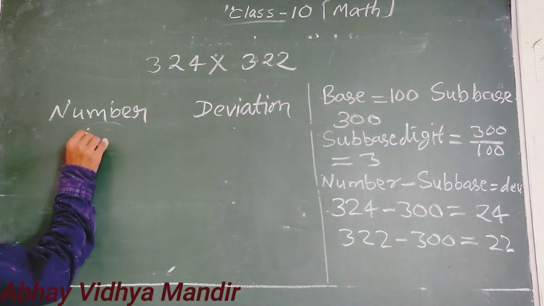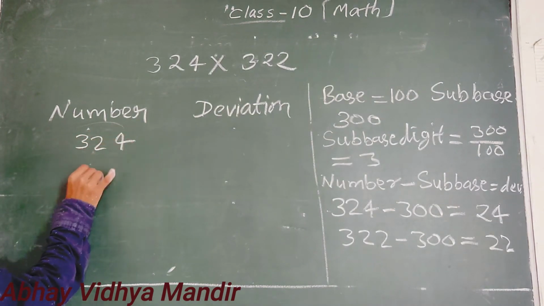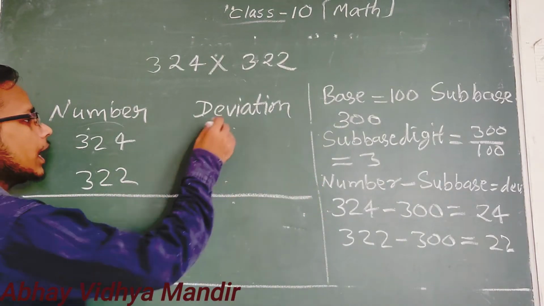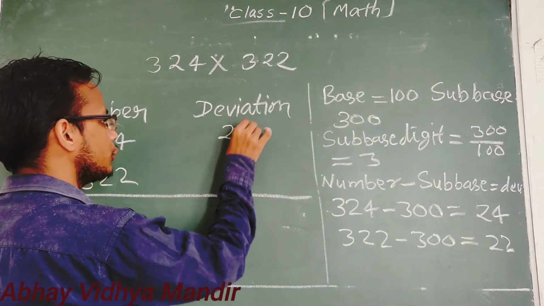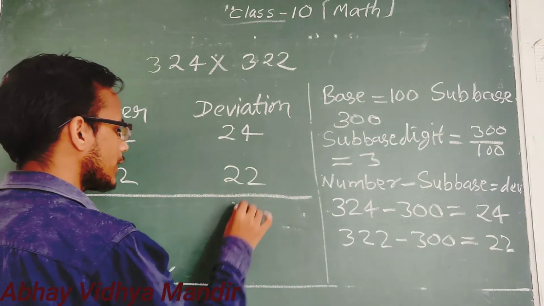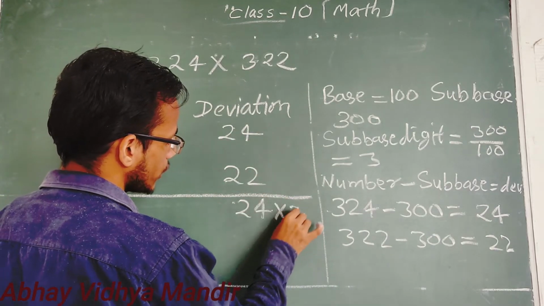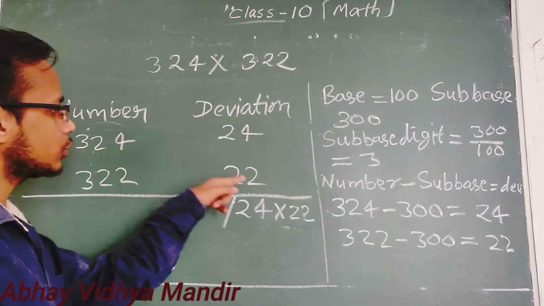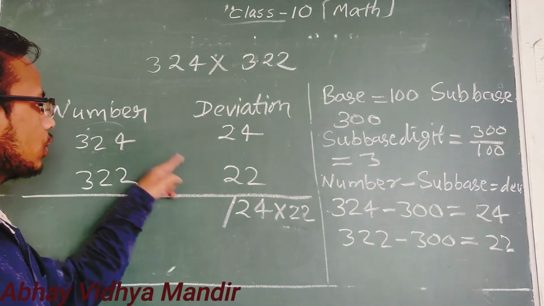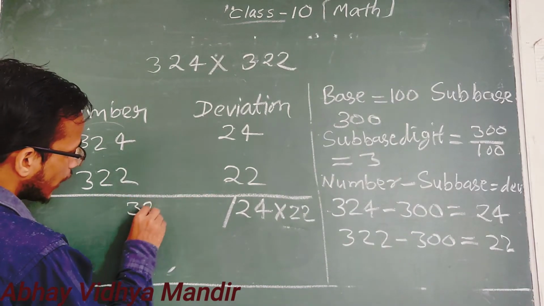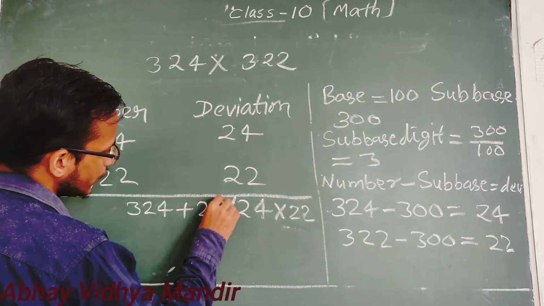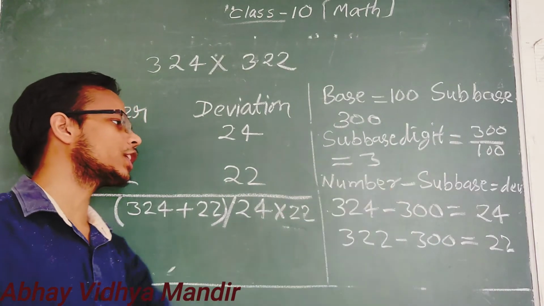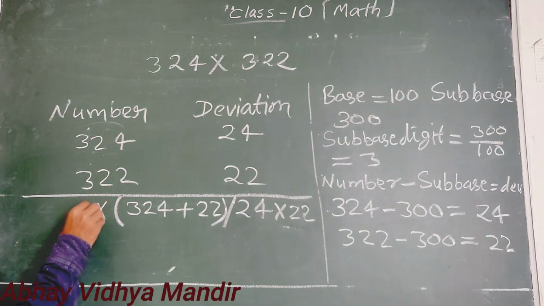So here the numbers are 324 and 322. Here the deviations are 24 and 22. First multiply 24 into 22. Then the number is added to the opposite number, cross. So 324 added with 22, and multiply with the sub base digit. Sub base digit is 3.